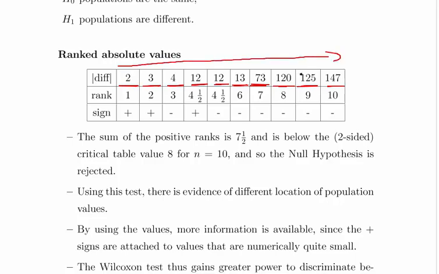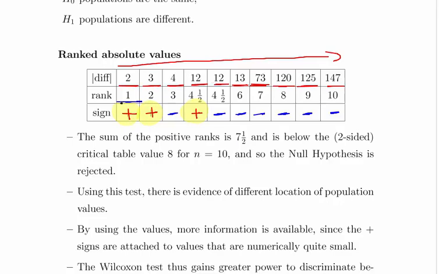You'll notice I remove the signs, but I do keep track of the sign down here. These are the pluses, and the rest are the negative values. I keep that recorded in the table. This does require a bit of cross-checking in terms of numbers.